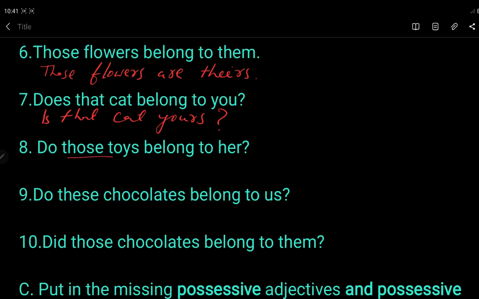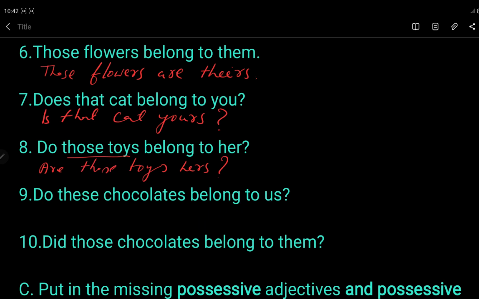Next one, do those toys belong to her? Here those toys is plural form. After those toys we need to use are. So are will come first. We can write, are those toys hers? We will use for this the possessive pronoun hers. Do these chocolates belong to us?